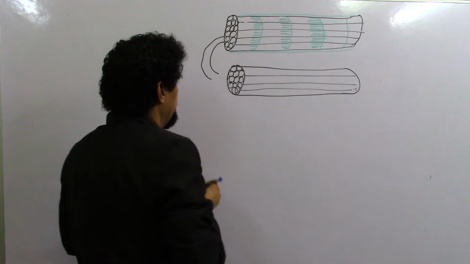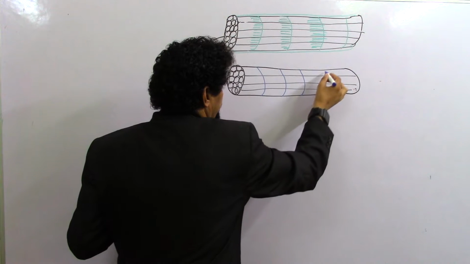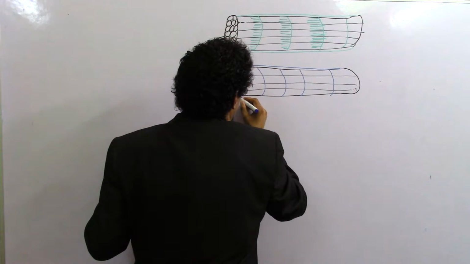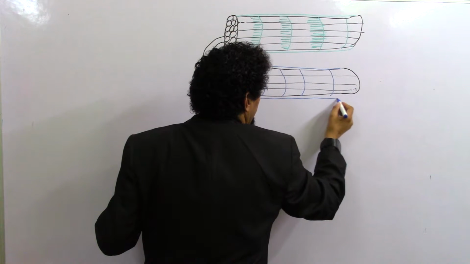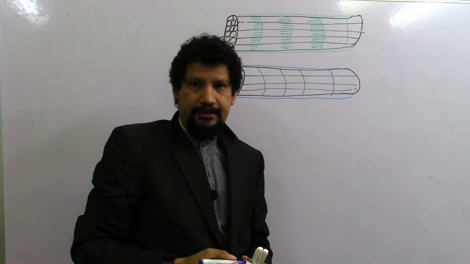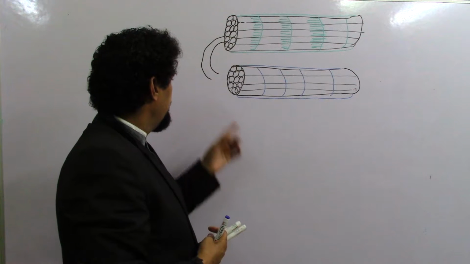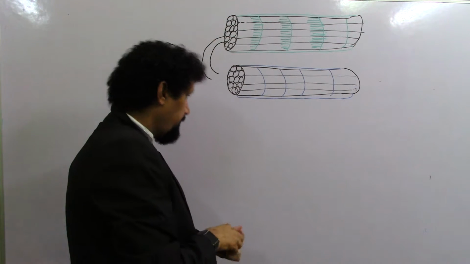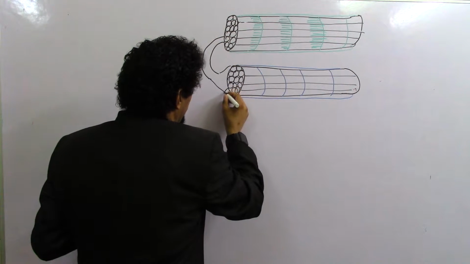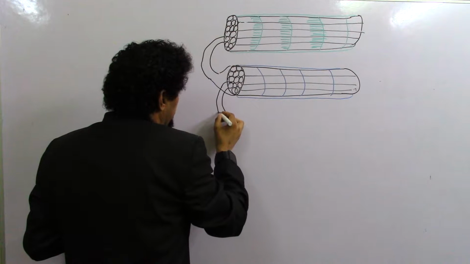So this is the fasciculus or bundle of the muscle cells or the myofiber, and it is covered by a tough connective tissue layer known as perimysium, and it is having the muscle cells or the myofiber, and the muscle fiber. This is a muscle fiber or the muscle cell.